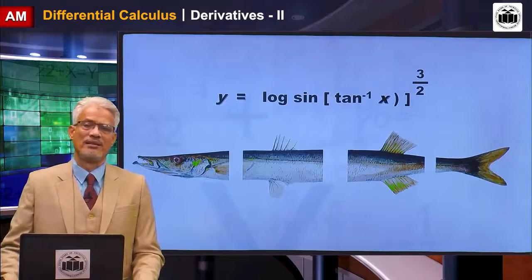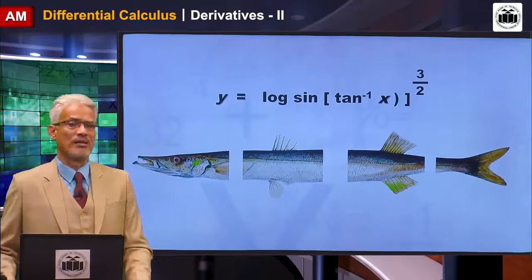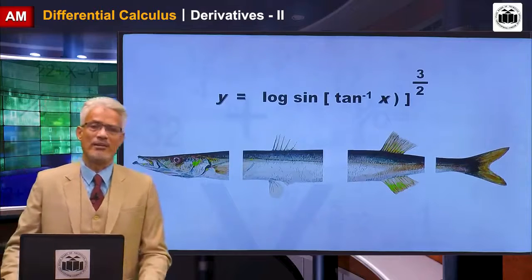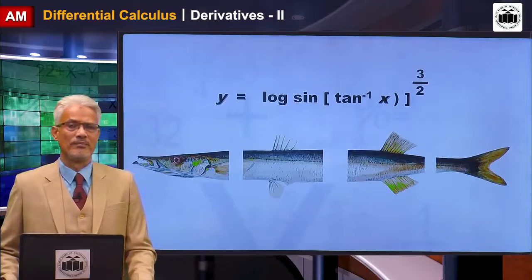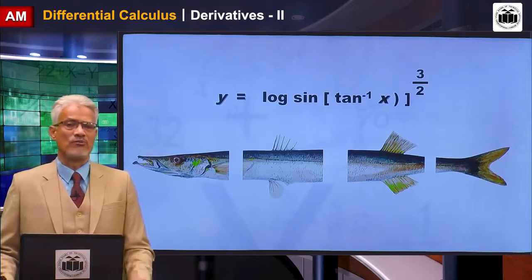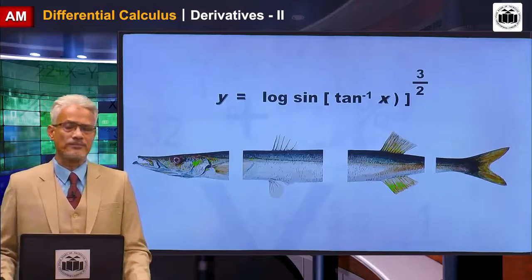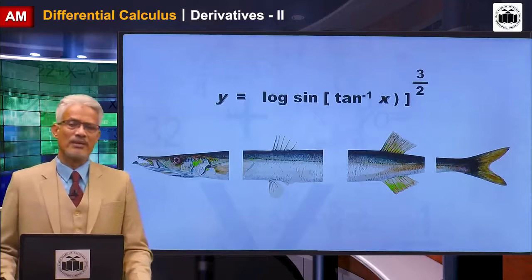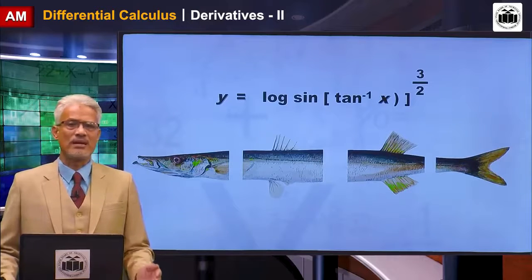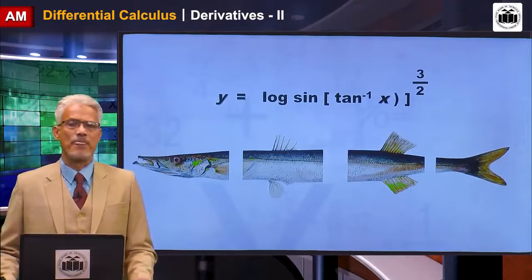You know how to find the derivative of the index, because you have one formula, the first formula: derivative of x raised to n is equal to n x raised to n minus 1. So first of all, in case of composite function, you find the derivative of the index, then you start from the head side, that is the first function, log sine tan inverse x.